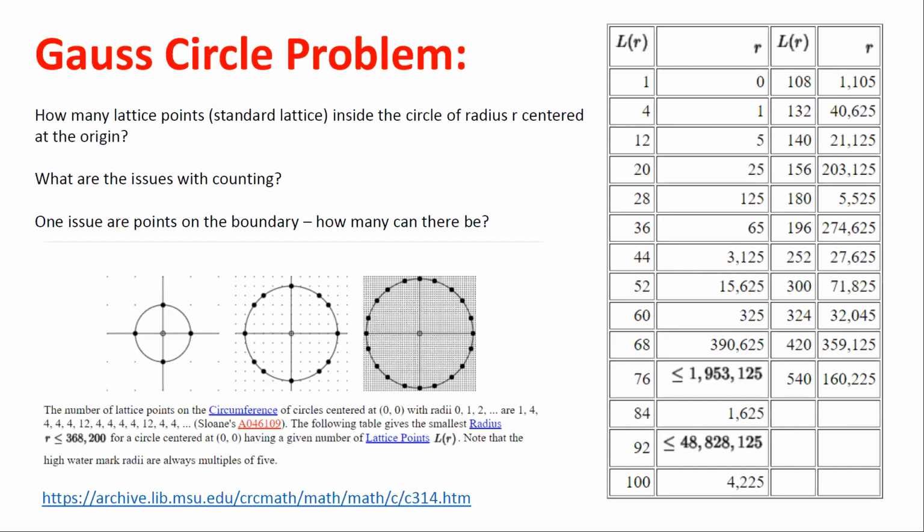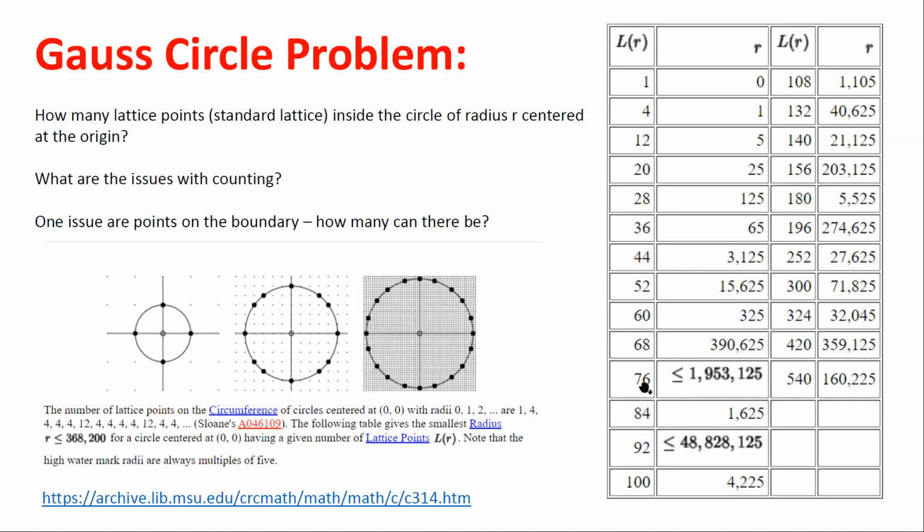Do you notice anything about these numbers? Powers of 5. Not quite powers of 5. Oh, multiples of 5. This is interesting, do you think it's always going to be a multiple of 5?